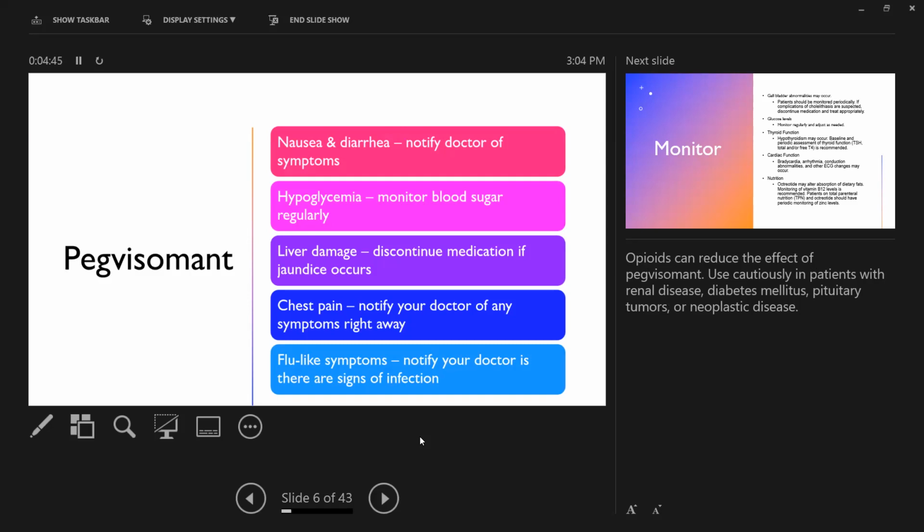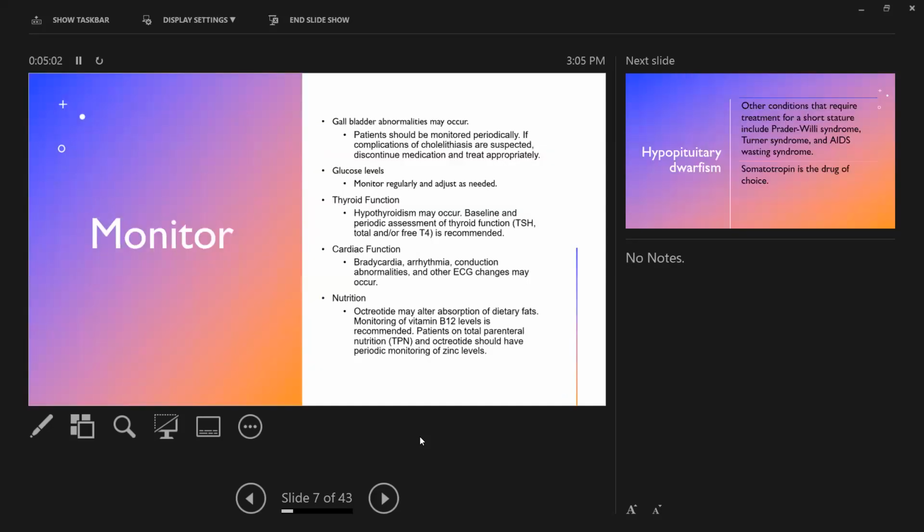Opioids can reduce the effect of pegvisomant, and it should be used cautiously in patients with diabetes, pituitary tumors, or neoplastic disease, or in patients with renal disease. So monitor for symptoms of gallbladder disease.